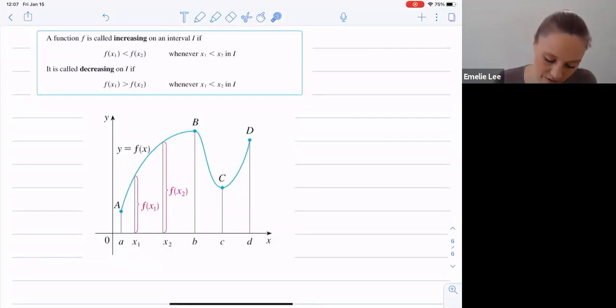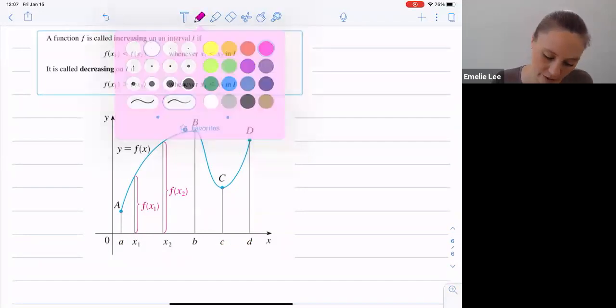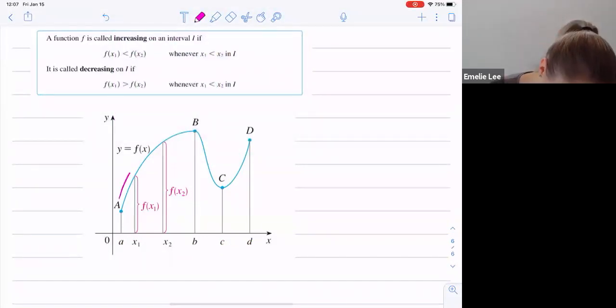But in general here, this graph is going to be increasing from A to B, and then it's decreasing from B to C, right? And then it's increasing again from C to D, right?